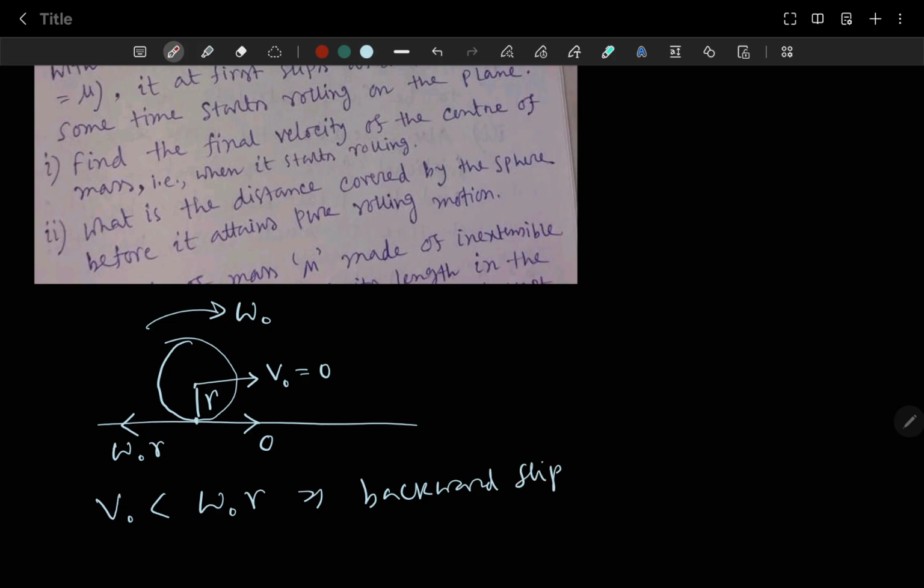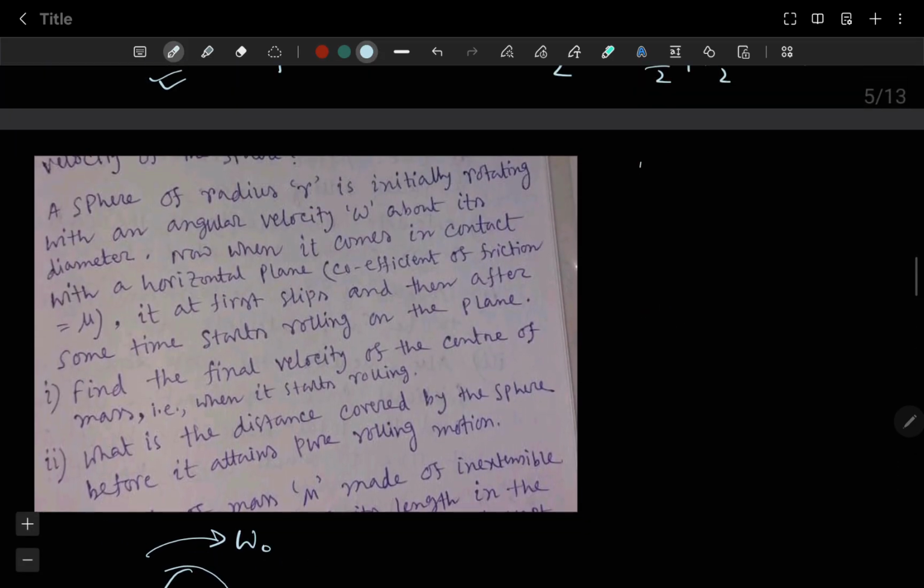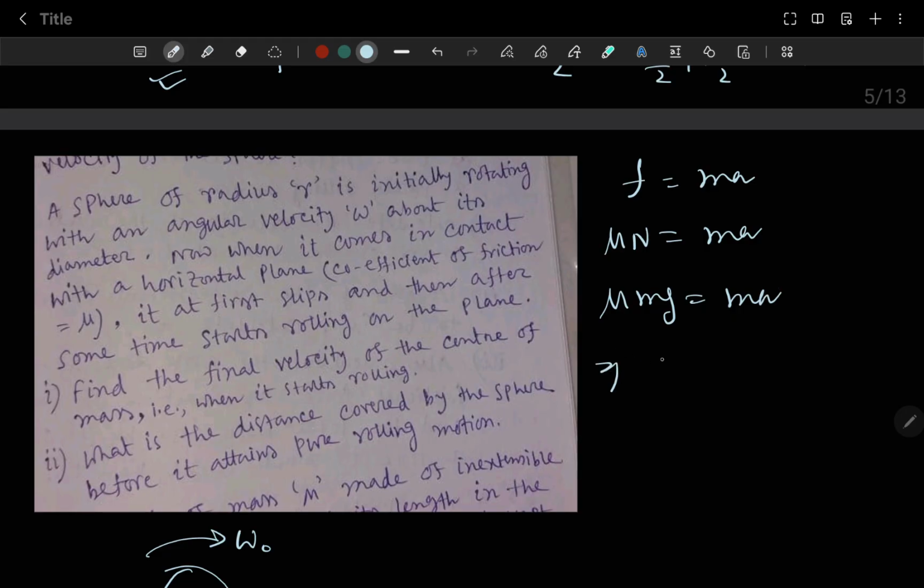So for backward slip, friction acts forward. So let's write the equation of motion first. Similarly, as we have written earlier, F equals ma. F is mu N, equals ma. Now N is mg. So we get a equals mu g.